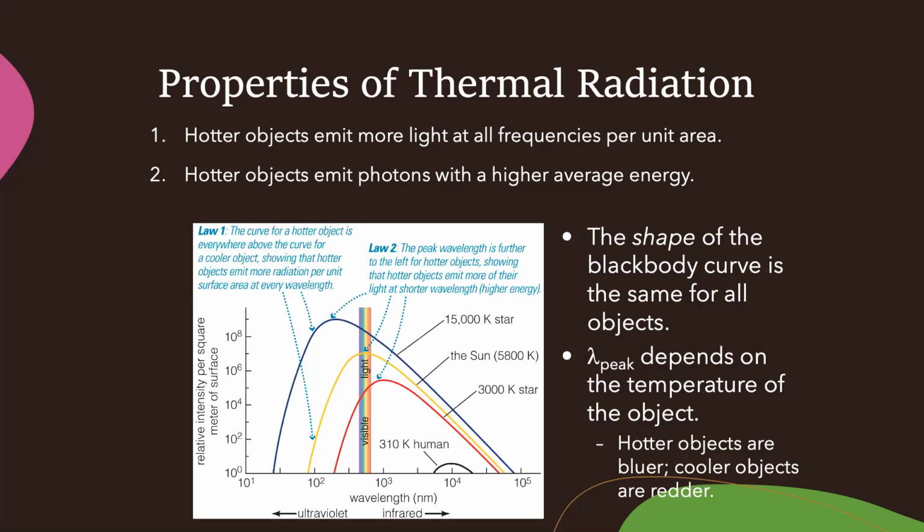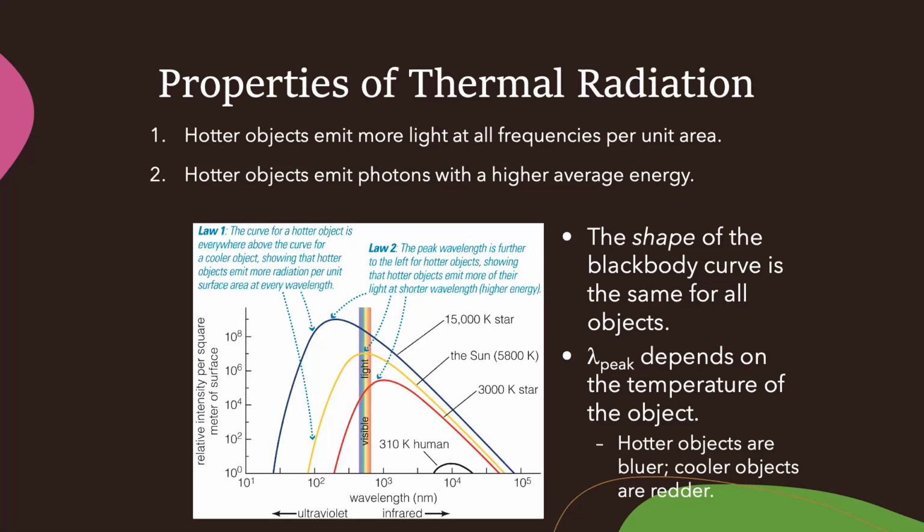So hotter objects emit more light at all frequencies, but also hotter objects emit photons with more energy, right? So not only are they emitting more light, but they are emitting light that is more energetic. And that's why, our bodies, what's our temperature? Shoot, I can't even think of the conversion from Fahrenheit to Celsius. What are we, like 400 Kelvin? Oh, 310 Kelvin. It's literally right in front of me.